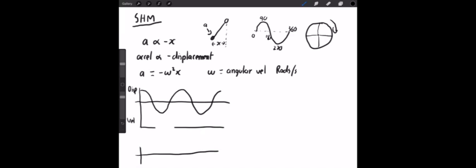Try that again. A wave which would be offset slightly, so it would kind of follow something like that. And then if I was to differentiate again and look at acceleration, you would get something which would look like that. And what you notice is that at negative peak displacement here, we've got maximum acceleration at that point.